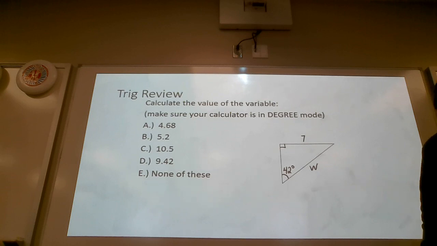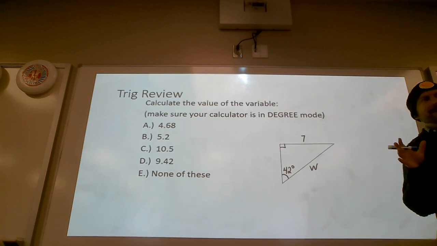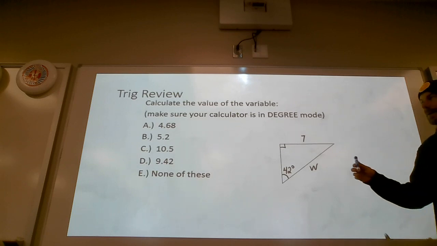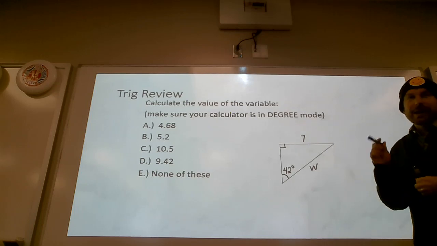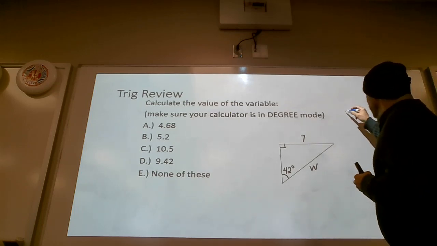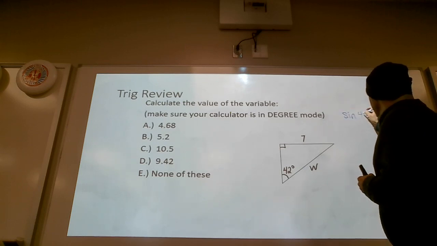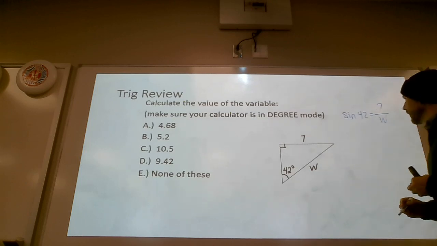Okay. So this is just the does-this-make-sense question. So if you got A or B, you did it wrong. And I'll tell you how you got it wrong. So what trig function are we going to use? Sine. So you have sine of 42 is equal to opposite over hypotenuse.